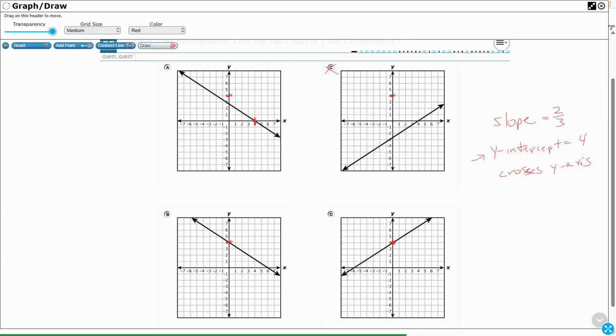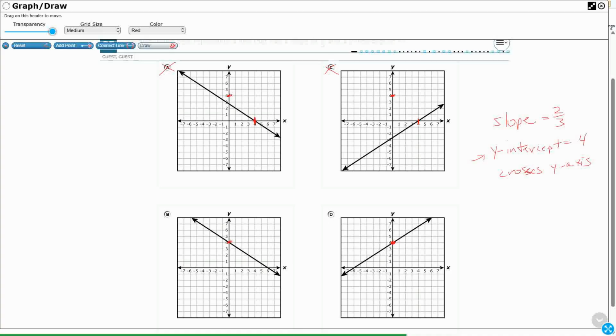And so does this one. So we need to make sure we're tracking the y-intercept versus the x-intercept. We notice that we have no y-intercept of 4 on A or on C, so we're down to 2.